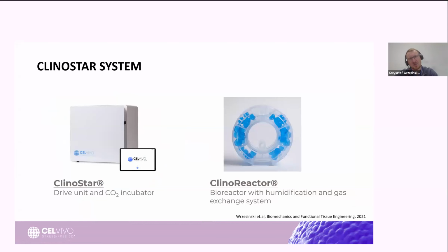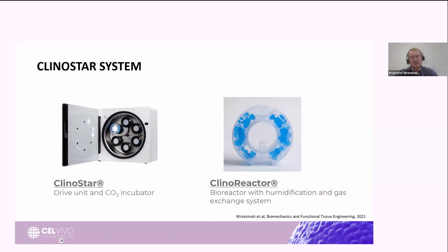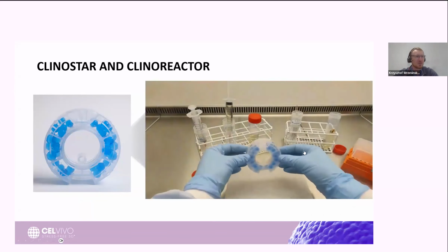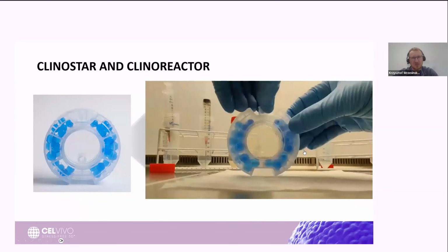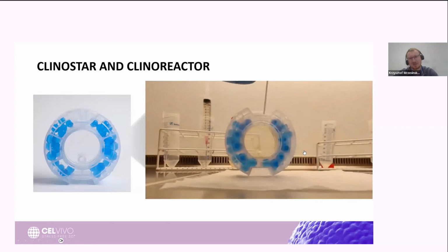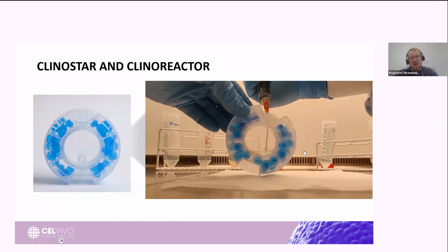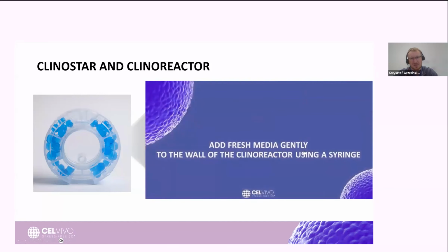So the CelVivo clinostat is a 3D cell culture system consisting of a specialized incubator and a drive system, and a disposable culture vessel, the clinoreactor. The principle of working with the clinoreactor is a bit different than a standard cell culture flask, but I would say that it's almost as easy.